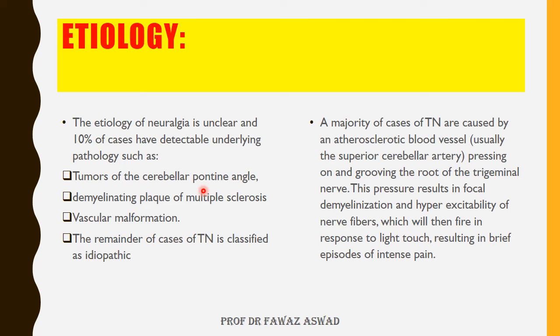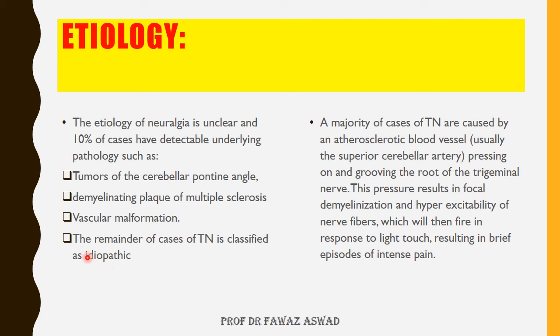As a result of this pressure, which may be caused by the atherosclerotic blood vessels, we could demonstrate the presence of demyelination. Demyelination means that the myelin sheath of the nerve fiber is removed and becomes thinner. As a result, there will be hyperexcitability of the nerve fiber, which will fire in response to even a very light touch, resulting in brief episodes of intense pain.